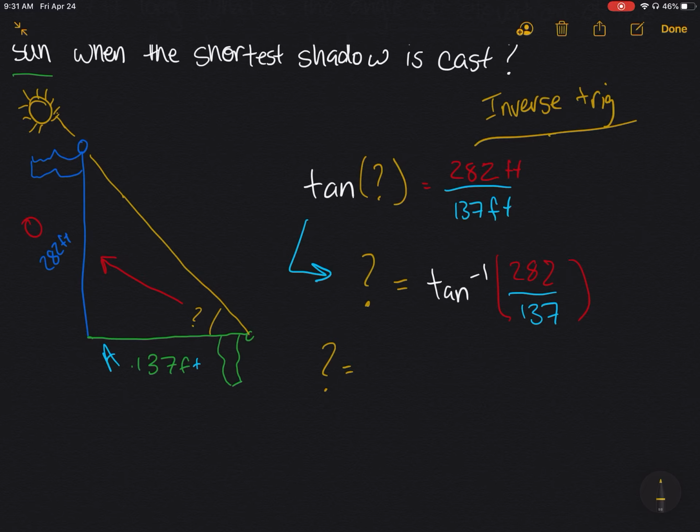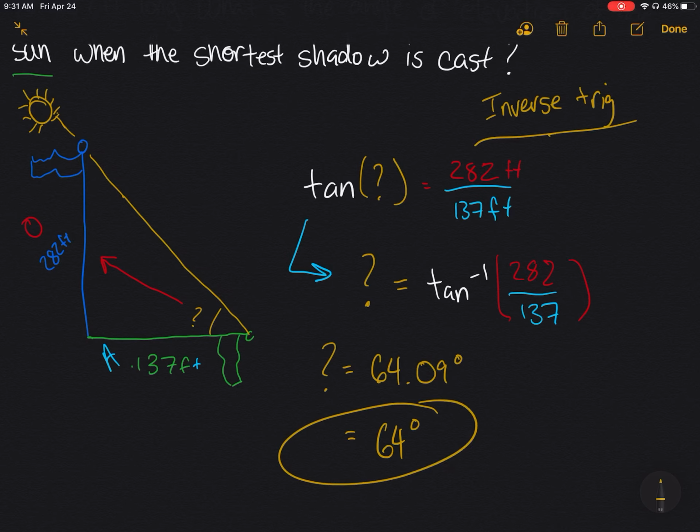and I get that my angle was 64.09 degrees, and I'm going to chop that off and just call it 64 degrees. So that's my angle of elevation of the sun. So when that shortest shadow is being cast, the maximum height that sun is coming in at is 64 degrees.